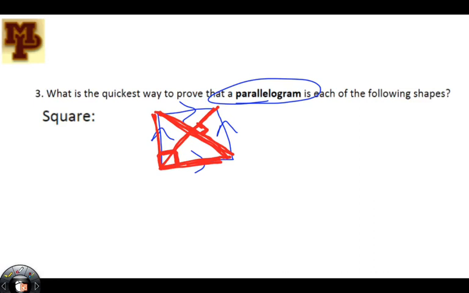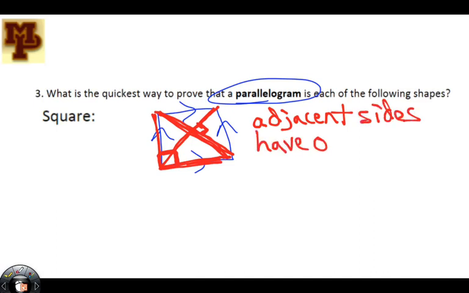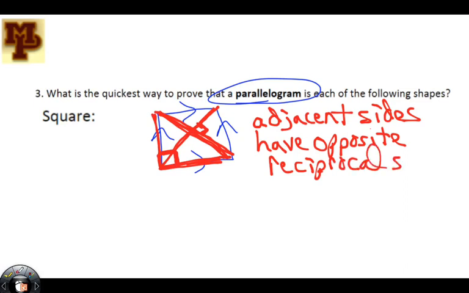So to put that down on paper here, we would say we need adjacent sides to have opposite reciprocal slopes, and these are the sides that are right next to each other.